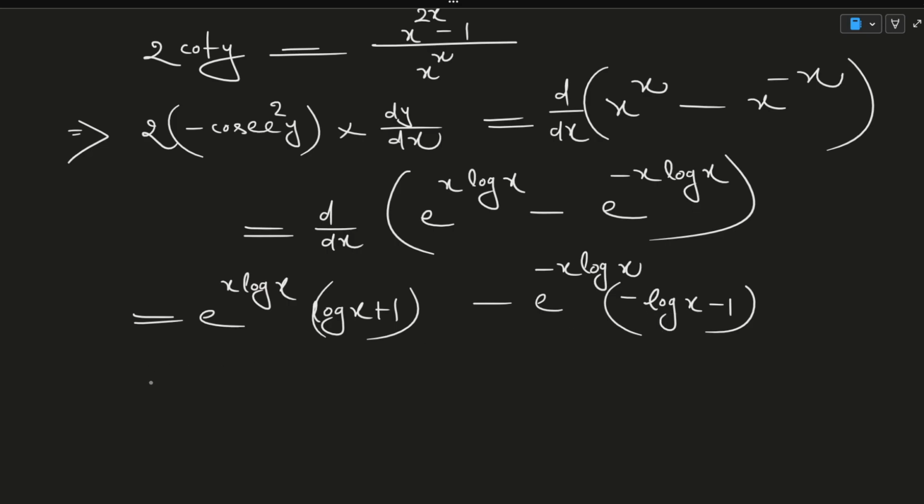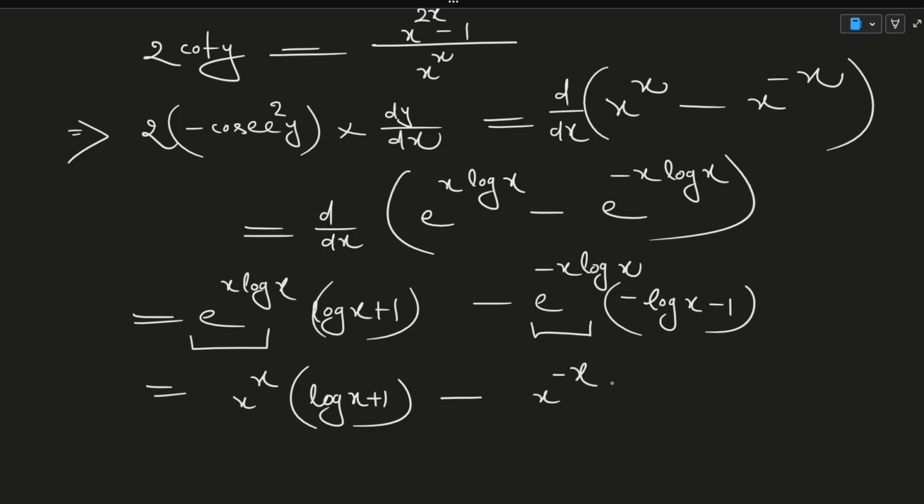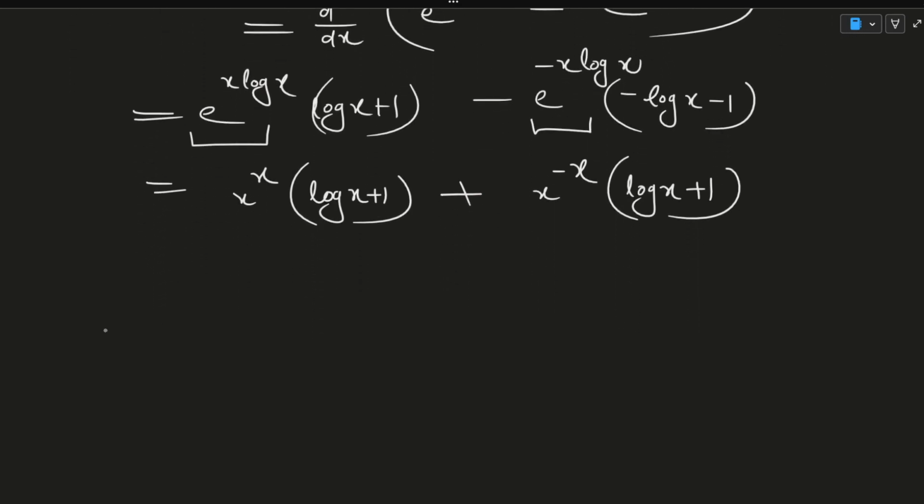now taking minus 1 common outside, then this one will reduce to what, x to the power x, okay, log x plus 1, then this one will reduce to what, x to the power minus x, and it will be minus, I have taken minus outside, then it will be plus, and it will be log x plus 1. So now just taking common, log x plus 1 minus x.